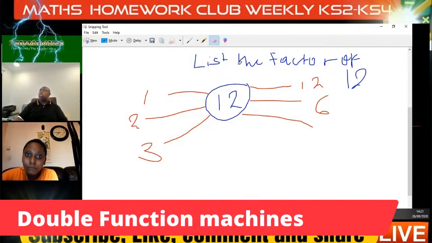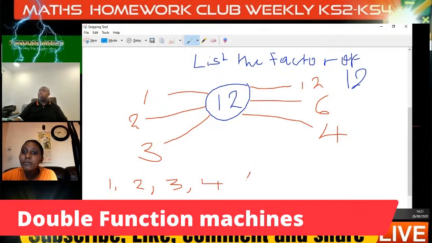No, now you're adding. 3 times 4. So all the factors of 12 are 1, 2, 3, 4, 6, and 12. These are all the factors of 12.